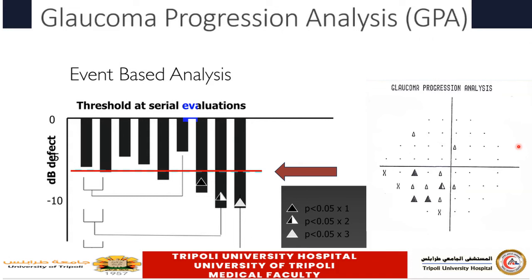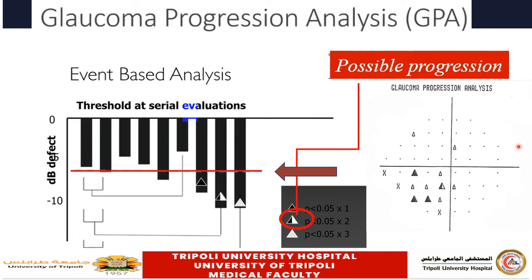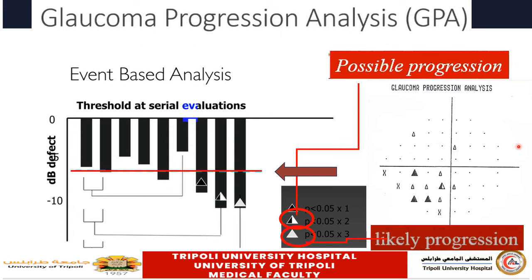Another factor is the age-related or annual decay in the sensitivity of the retina, which is physiological change related to age, and the presence of coexisting pathologies like cataract or age-related macular degeneration. These confounding variables make it very challenging to determine whether the changes that you have noticed in the visual field are due to real progression, or due to the normal changes with age, or due to test fluctuation.